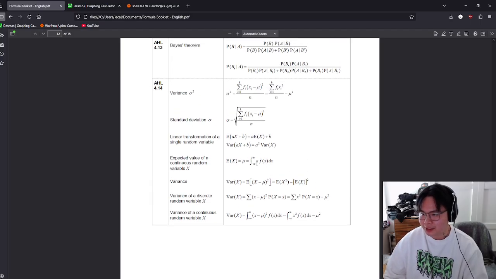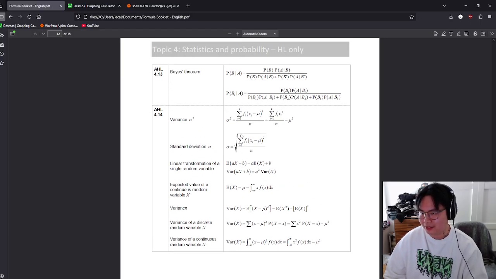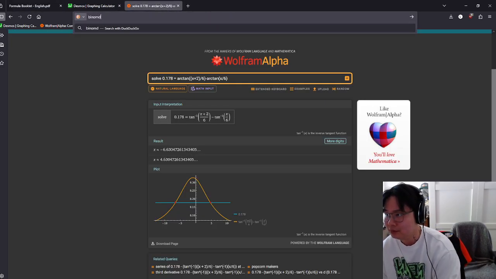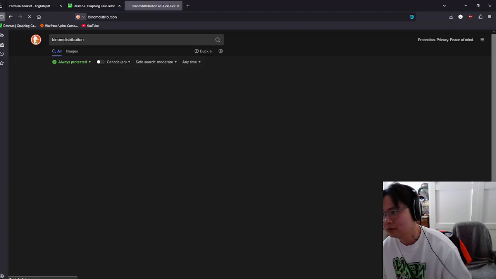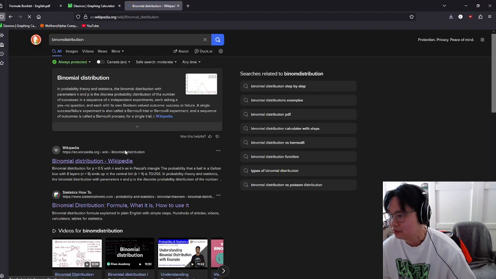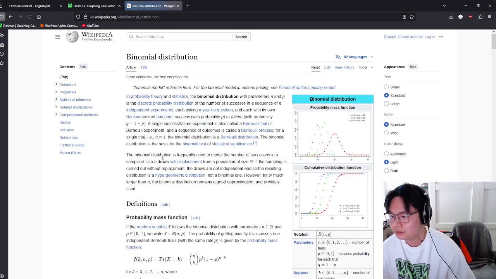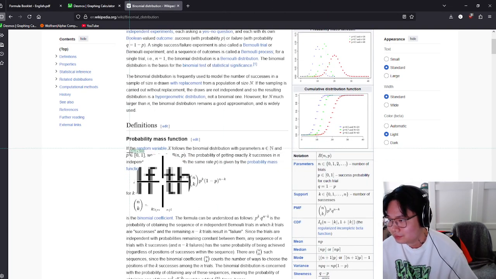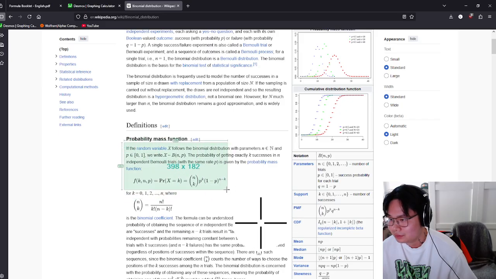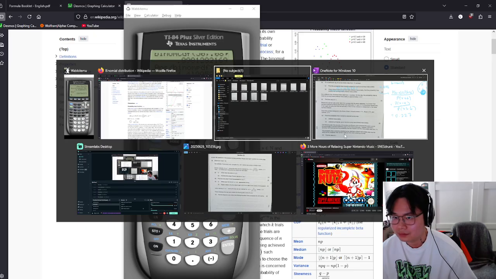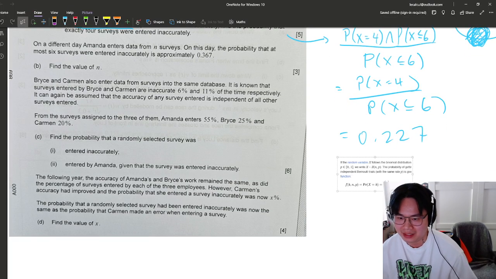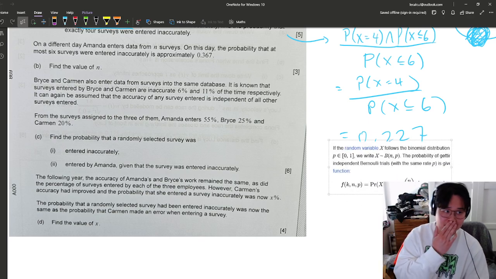Am I missing it? Am I going crazy? This is something you're supposed to know, right? The formula for binomial distribution? Like, you're supposed to have this formula, no? I swear, this is a formula that you should have in your formula booklet, and you've learned this. Otherwise, I don't know how you could do this question.